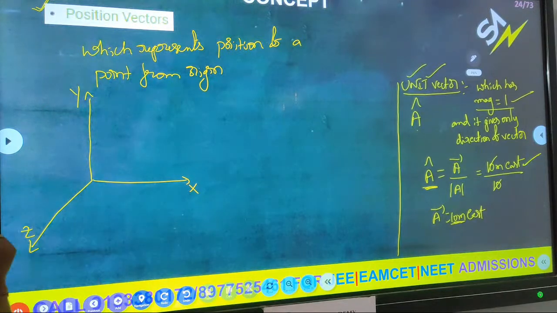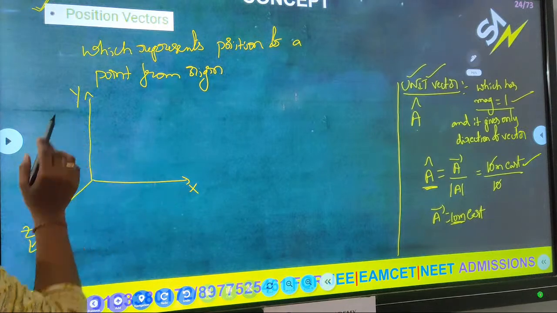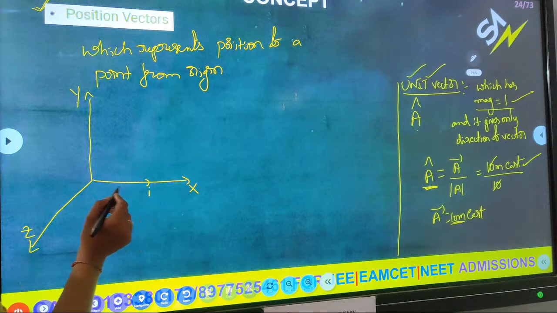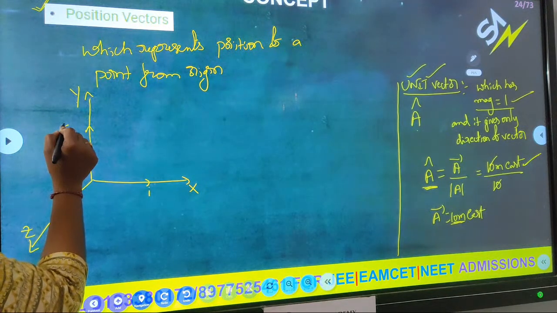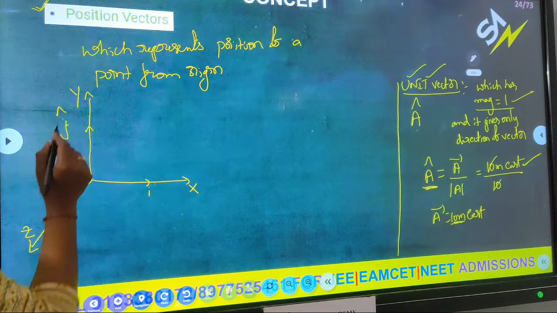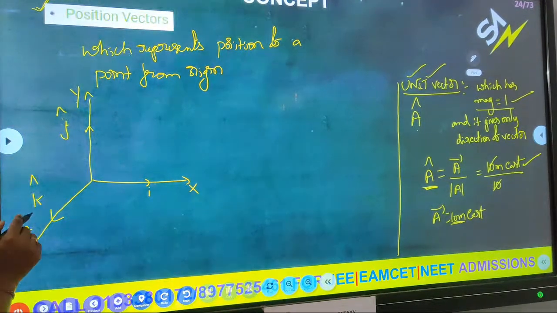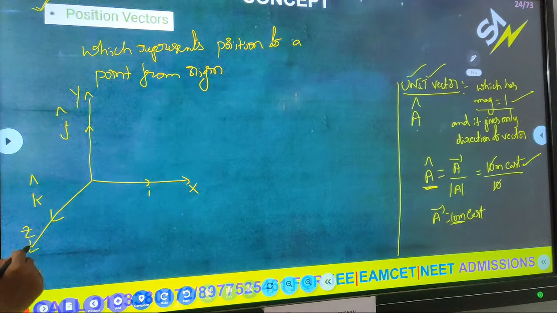If you write the unit vectors along x, y and z: along the x direction the unit vector is i cap, along the y direction it is j cap, along the z direction it is k cap. So i, j, k are the unit vectors along x, y and z.